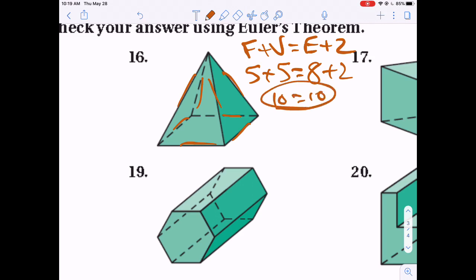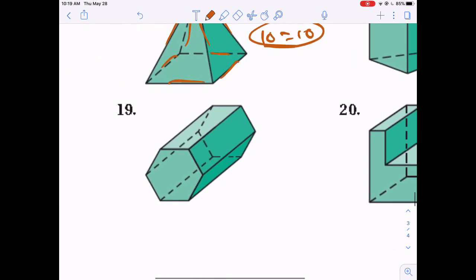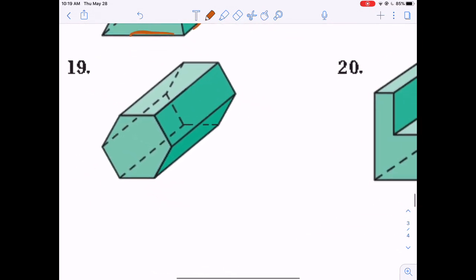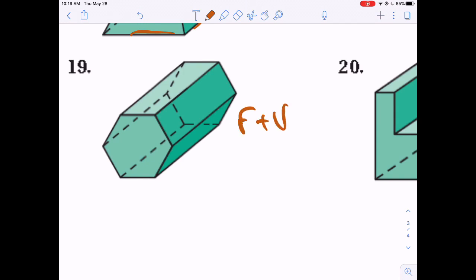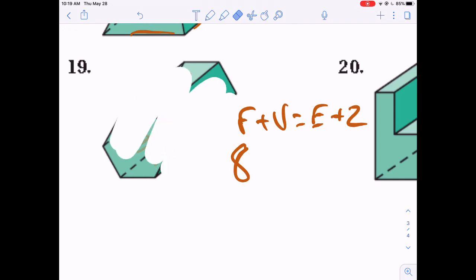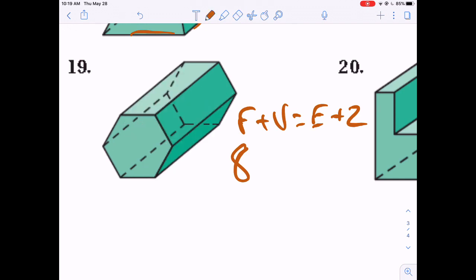Okay. Now just one more. It's a little more complicated. This little guy down here. Number 19. Again, it's faces plus vertices equals edges plus 2. Faces. Front face, back face, and then that's 2, 3, 4, 5, 6, 7, 8. I have 8 faces. Vertices, those little points.